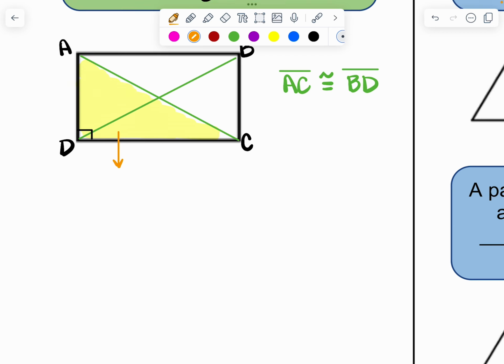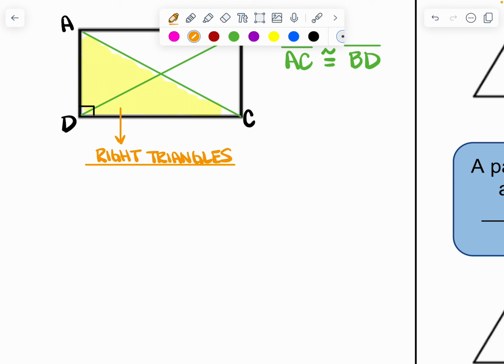All right. So inside of every rectangle, we're going to have right triangles. Well, that's important because we just got done taking a test over right triangles, right? Which means everything that we learned about right triangles is going to be up for grabs on a rectangle problem. And by that, I mean Pythagorean theorem. You might need to use Pythagorean theorem to solve for missing parts of a rectangle.